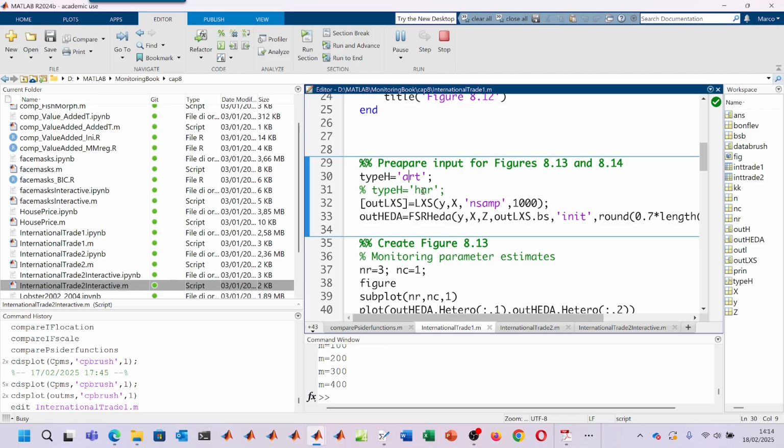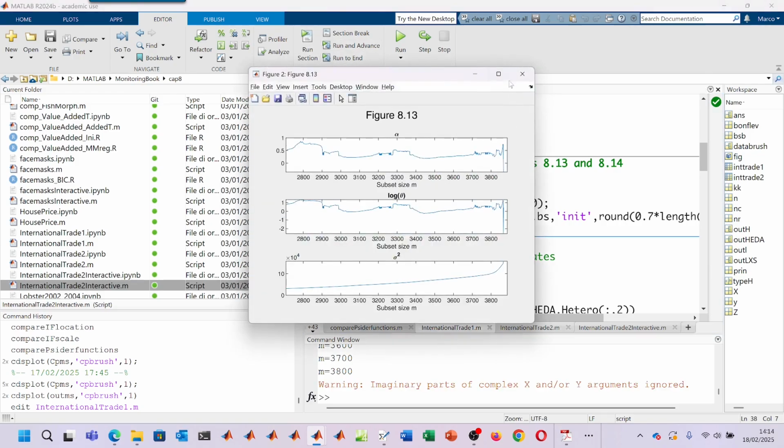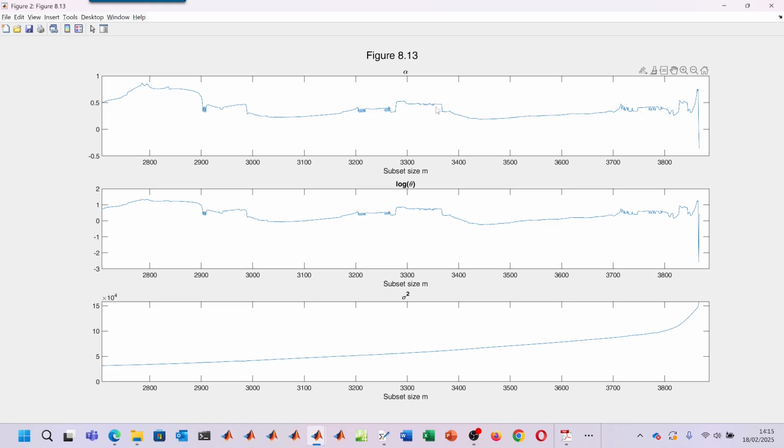In our code we specify the kind of heteroskedasticity, and then we have the routine which computes the monitoring of parameter estimates. Then we go to the plot. Figure 8.13 shows the monitoring plot when we used the model ART for heteroskedasticity.